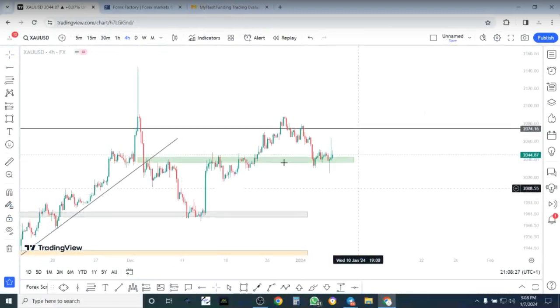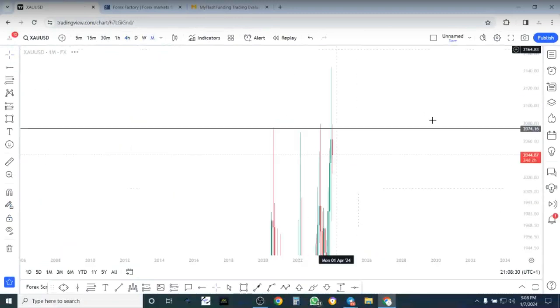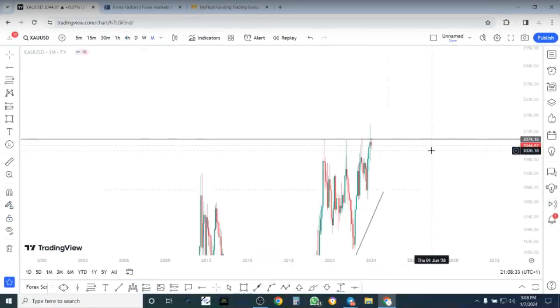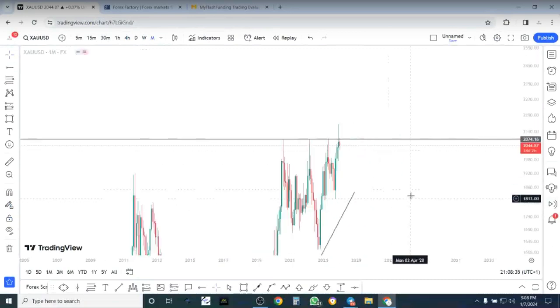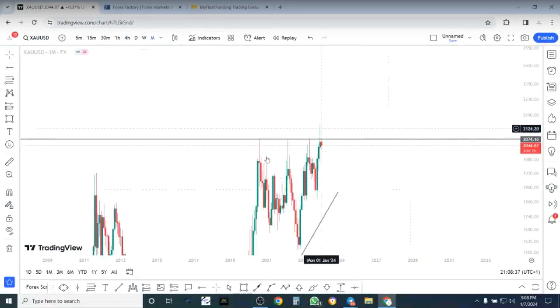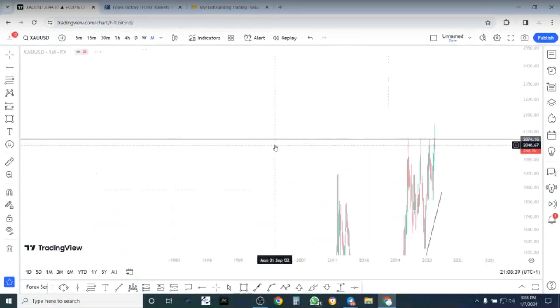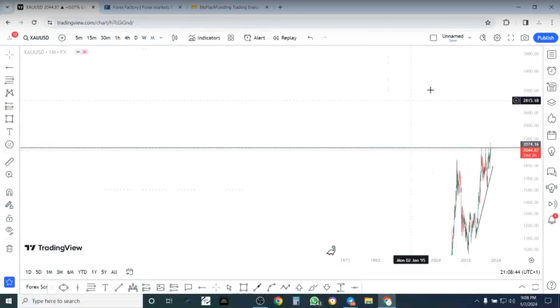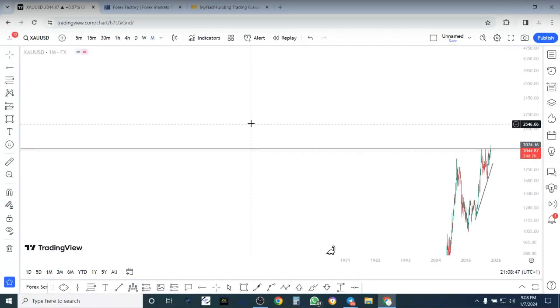But let's look at it. There's nothing too big to analyze. One thing I know for a fact is that gold on the monthly time frame is trading at a strong resistance zone. Historically, this is the all-time high. Going by the data on our TradingView, I was not born in the 1970s or 1950s or 1840s, so I don't know whether gold traded around 4K.